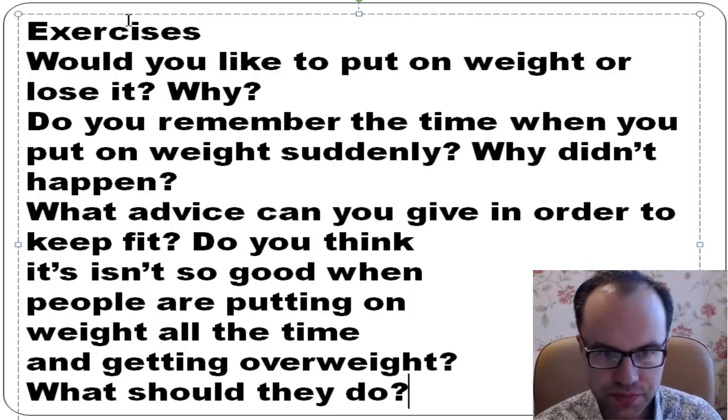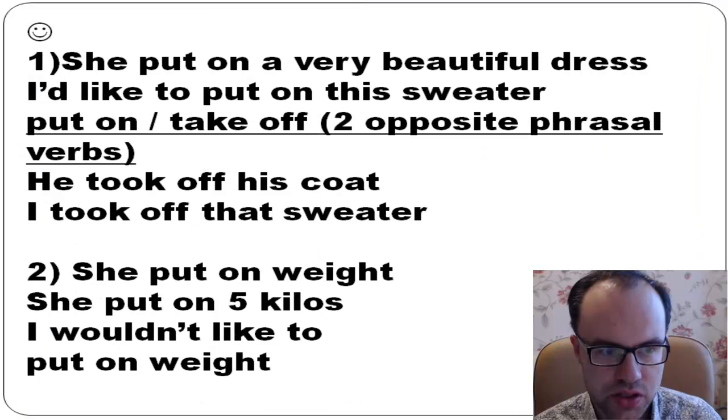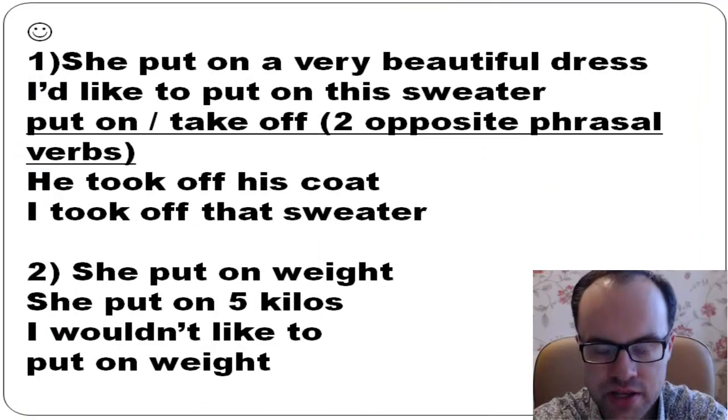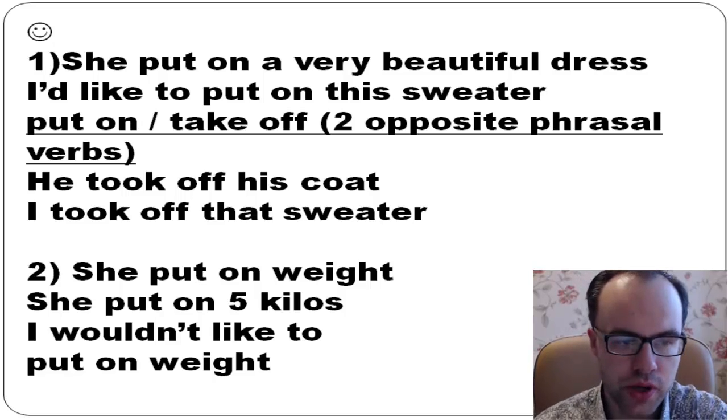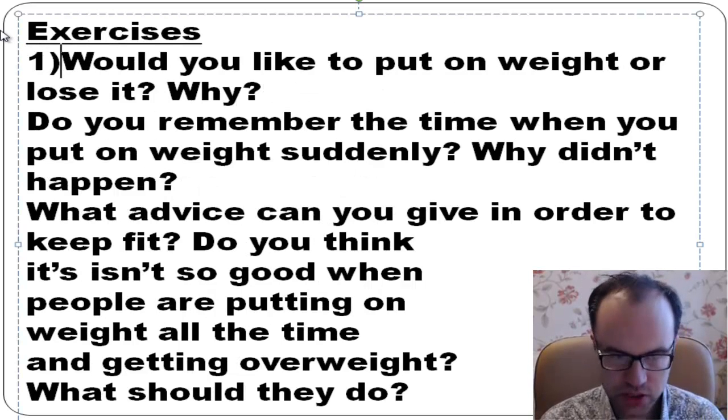Такие вопросики. Сейчас мы с вами еще раз повторим, но вначале общее повторение. So, you see, she put on a very beautiful dress. I'd like to put on this sweater. Put on, take off. Two opposite phrasal verbs. He took off his coat. I took off that sweater. She put on weight. She put on 5 kilos. I wouldn't like to put on weight. Exercises. Would you like to put on weight or lose it?